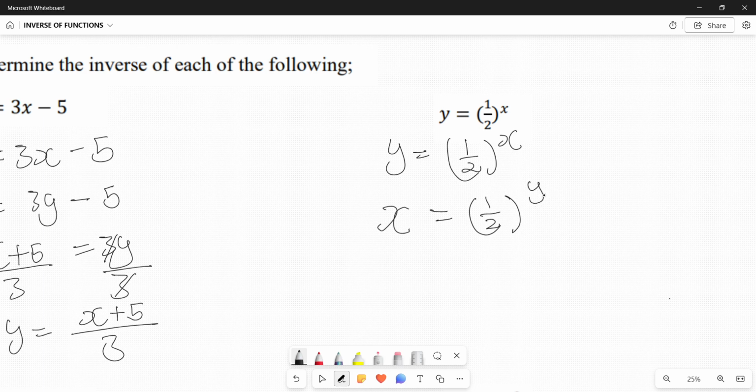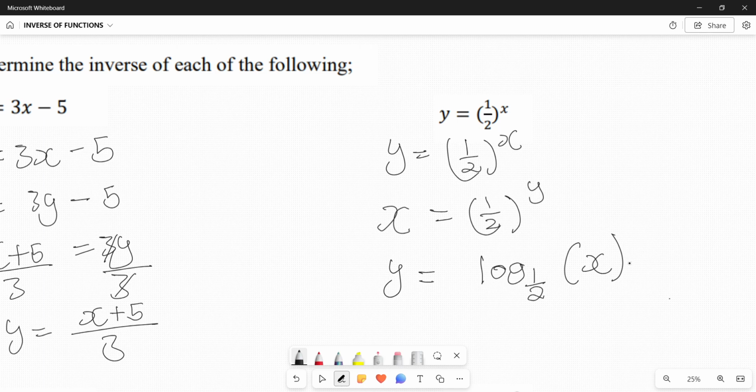So now if y is our exponent in our equation, then that's when the logarithmic function comes in. So in order to solve this y, you will have to say y equals log base half of what? Of x. In order to solve for y as an exponent. So now it means y equals log base half of x.